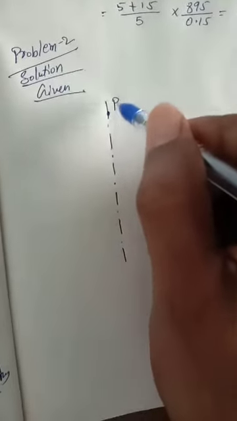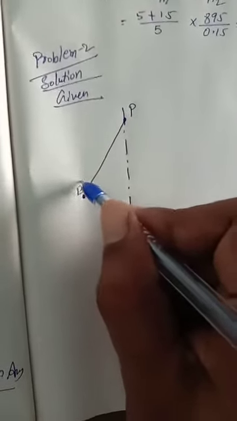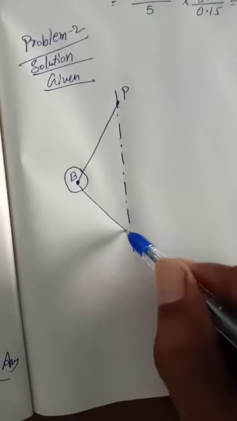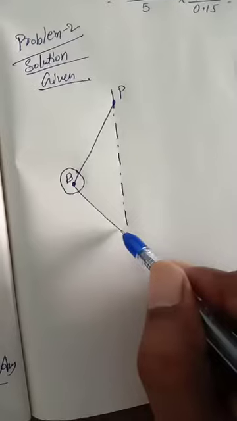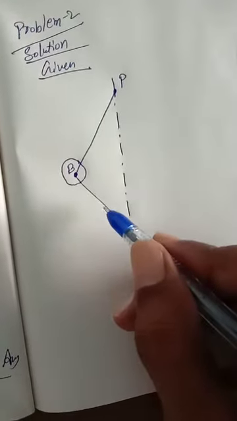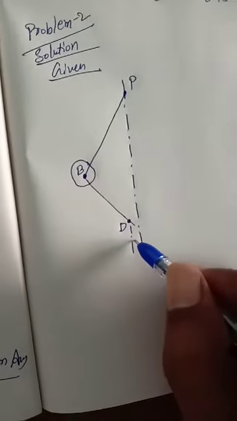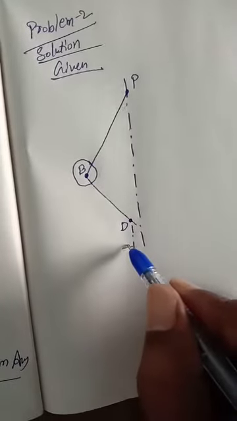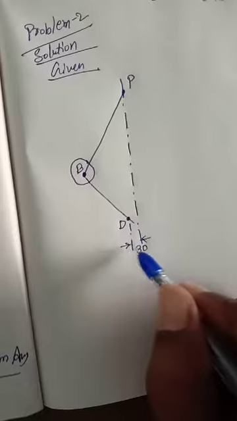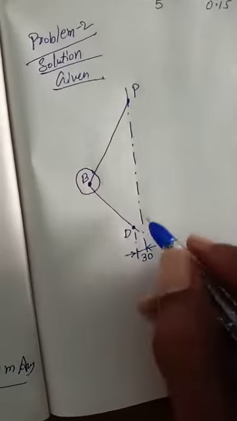This is point P, we know very well, and this is B, this is the ball, and this is D. Here to here the distance is 30 mm, given.